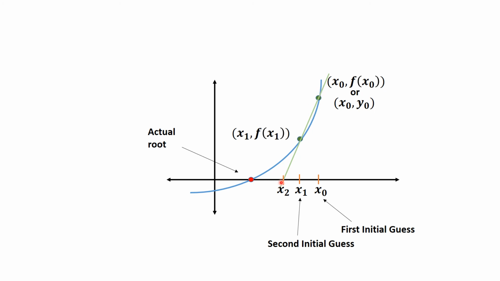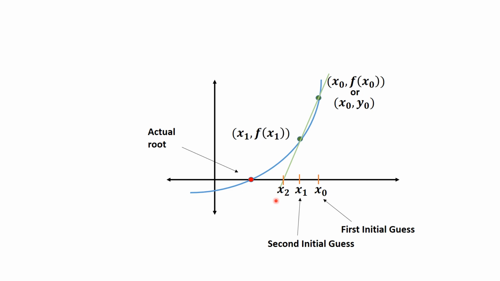And students, this is important to note, the idea is basically the same. This line cuts the x-axis at this point, so let's call this a new point, and that is your next value, just like Newton's method.